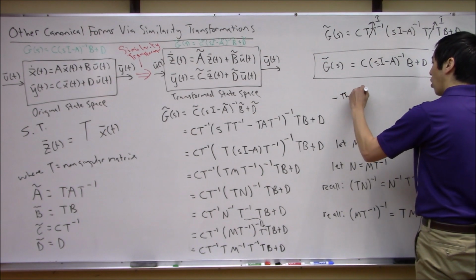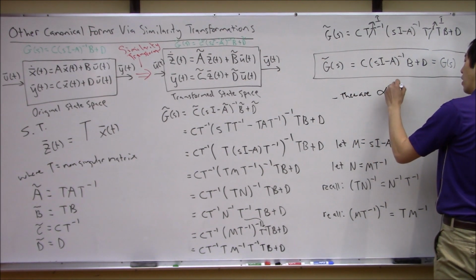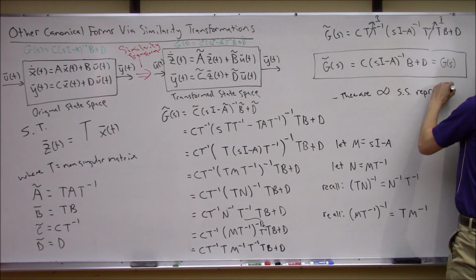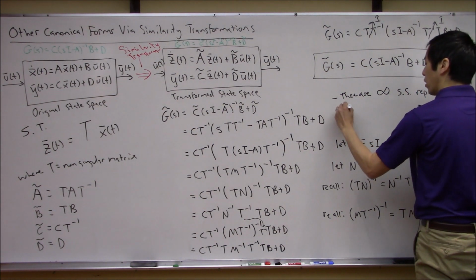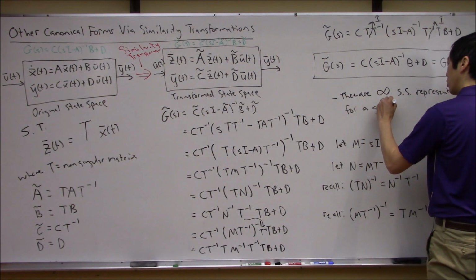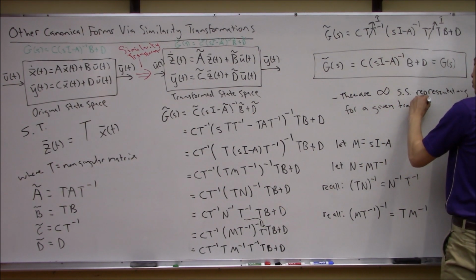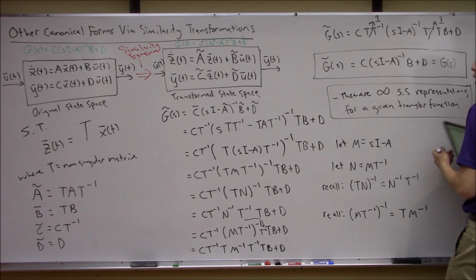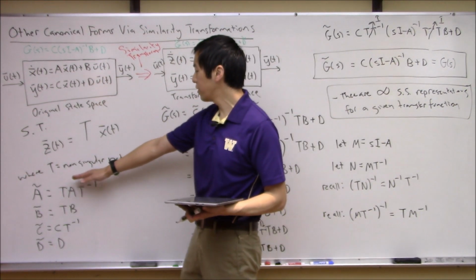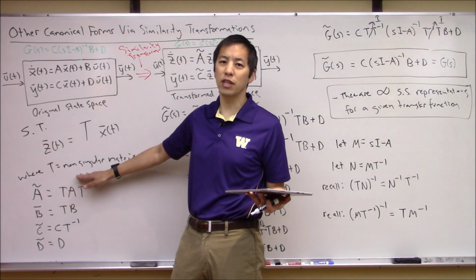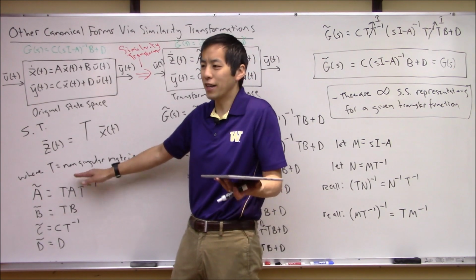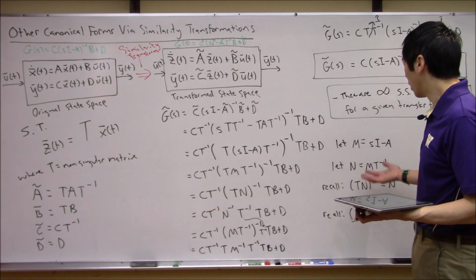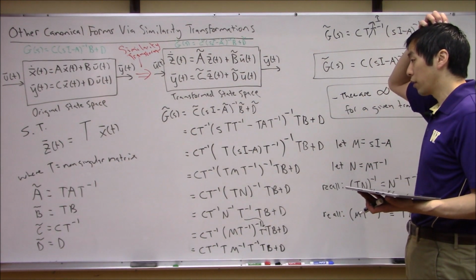There are an infinite number of state space representations for a given transfer function, because there are an infinite number of non-singular matrices that you can choose from, right? It's kind of your pick, whatever fits your application. So all of them will yield the same transfer function.